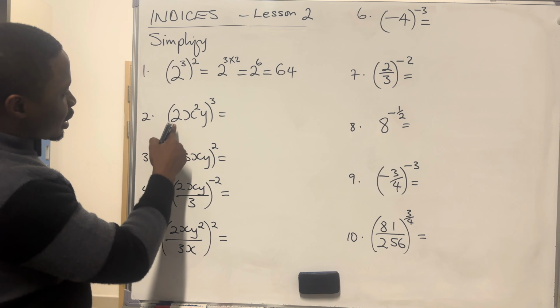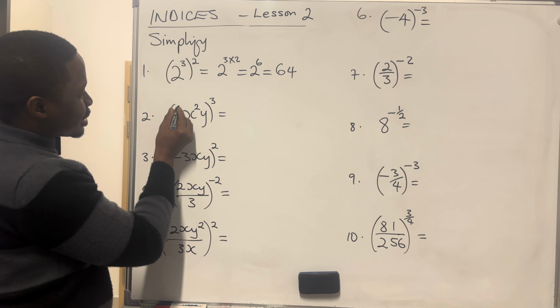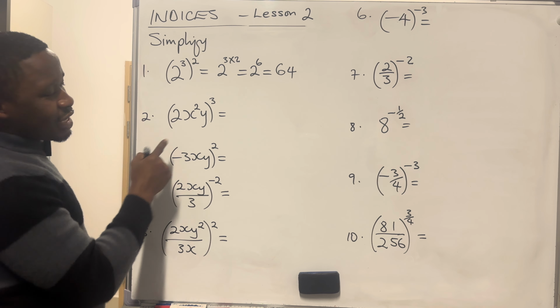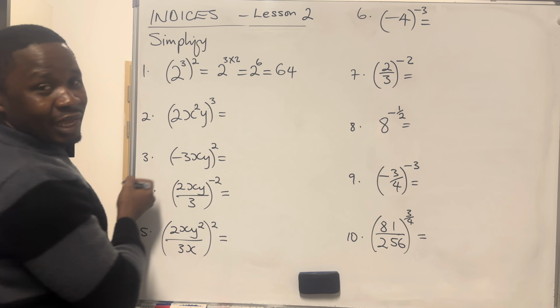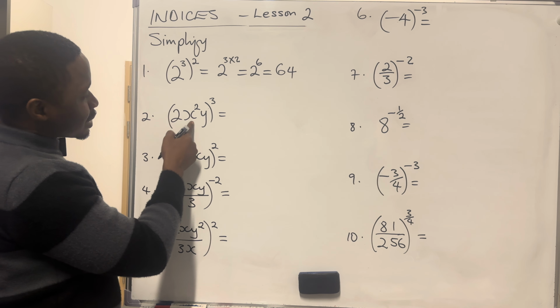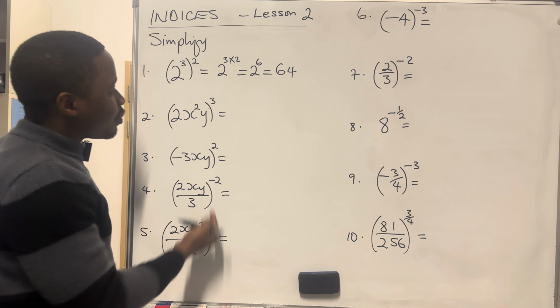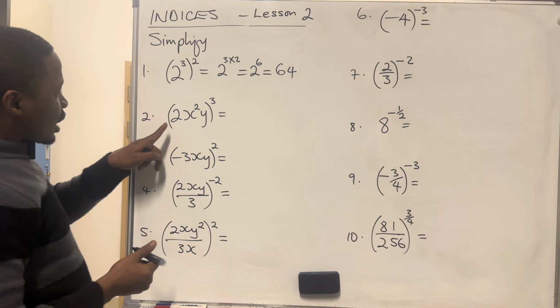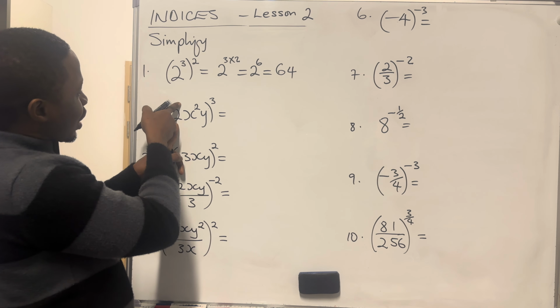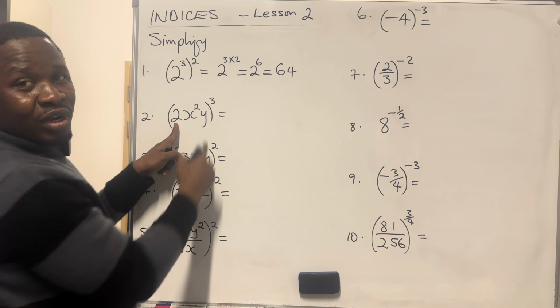So this 2, the only power it has inside is 1. This x has 2 inside. This y has 1 here. But 2, x and y, they also have power 3 affecting them. So by the look of things, this 2, apart from this one, has this 3 only affecting it.